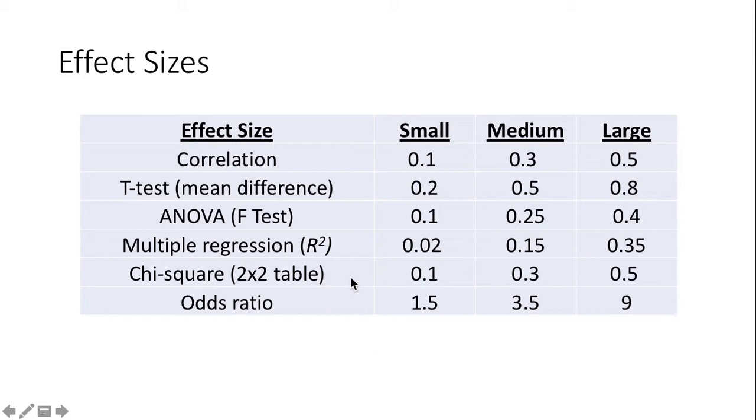A chi-squared, this is the 2x2, when you're looking at differences in frequencies or proportions between groups. And then odds ratios, this is something that you will see quite often in the anesthesia literature. Here what I found was an odds ratio of 1.5 is small, a medium is 3.5, and a large effect size odds ratio would be 9.